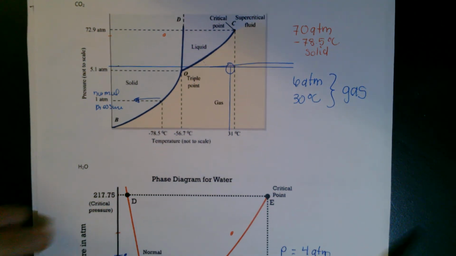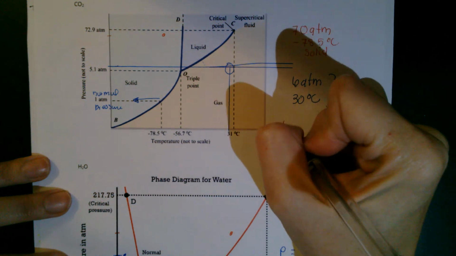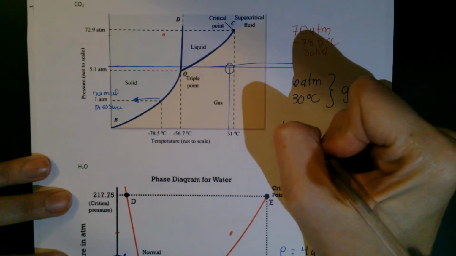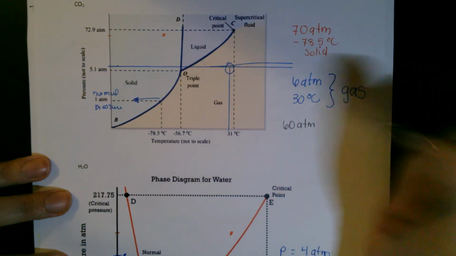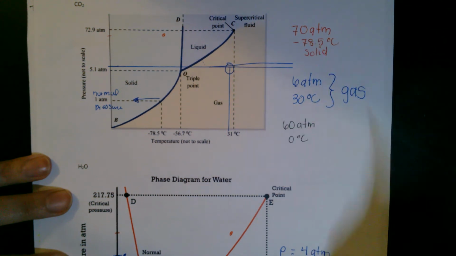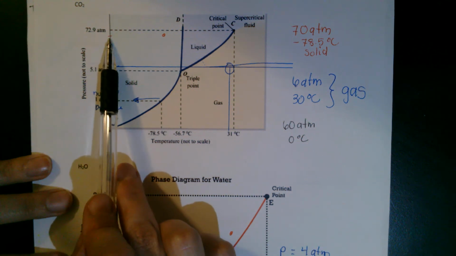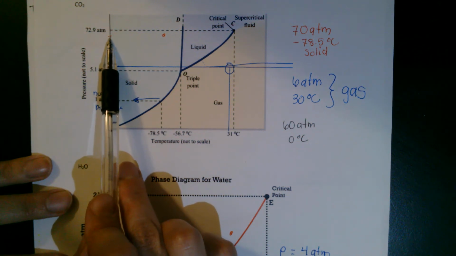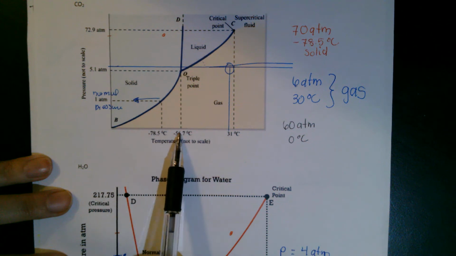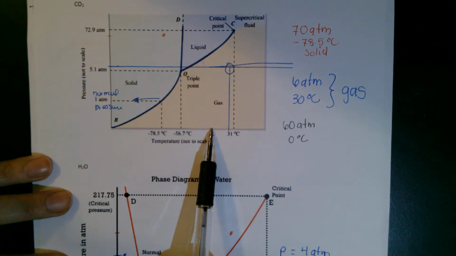Okay, we can do one more. What phase would we expect CO2 to be in at 60 atmospheres of pressure and 0 degrees Celsius? So 60 is probably somewhere up here. This is negative, positive, 0, somewhere here.